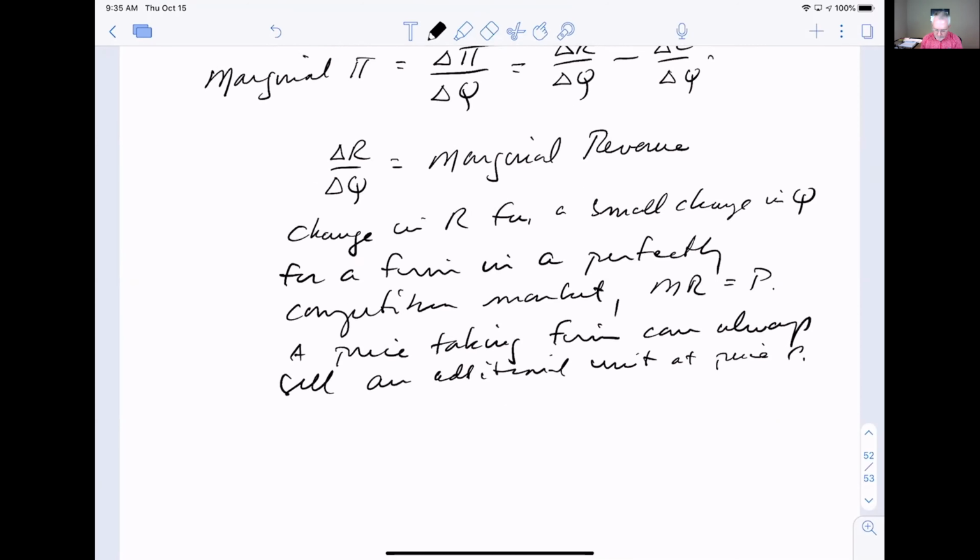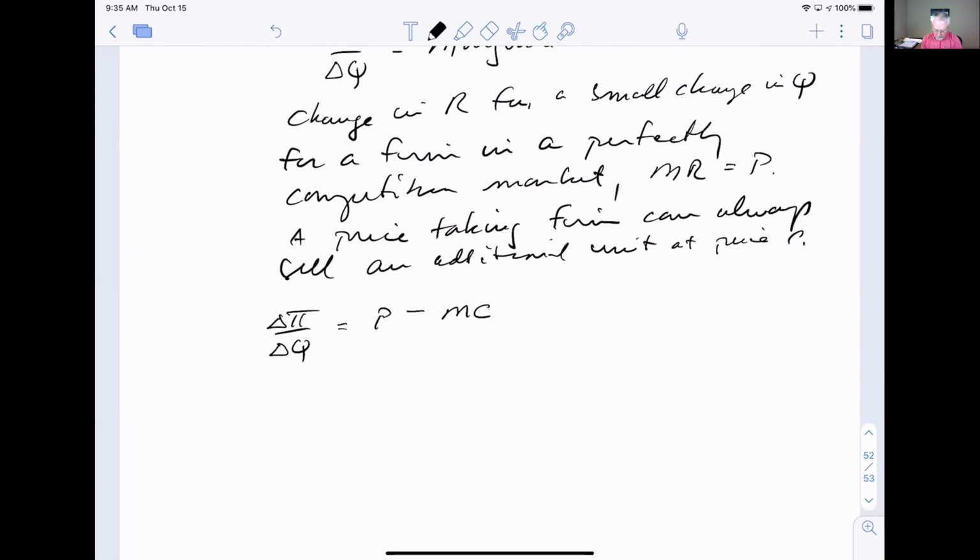So really, for my price-taking firm then, that tells me that marginal profit is simply going to be market price less, and this term we recognize from chapter 8, marginal cost. All right. Now, let me just go back and keep this in marginal revenue terms, because we want to establish our profit maximizing golden rule.